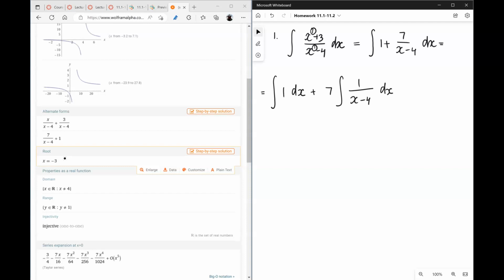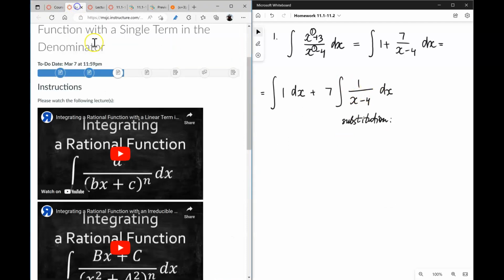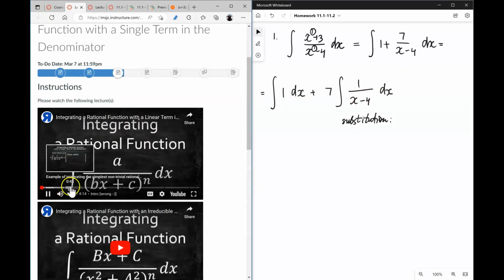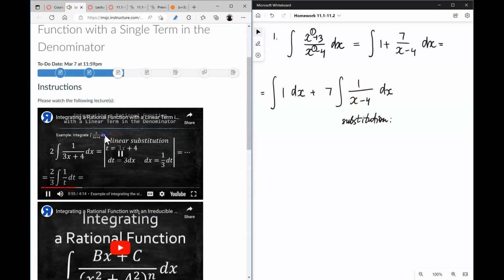So the first one is just x plus c, but to do the second one, we're going to do substitution. And again, how do you know how to do this problem? We actually learned it in this lecture right over here. We probably did even a much harder one. So it's a linear substitution problem.